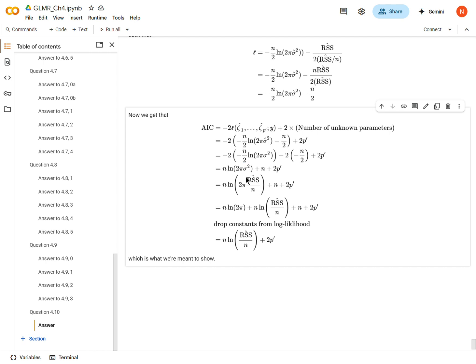That's fine. So now we have this expression. When I have the logarithm of a product, here I have 2 pi times this guy, I can break that out into two different things. So I'm going to distribute the n, and I get this right here.